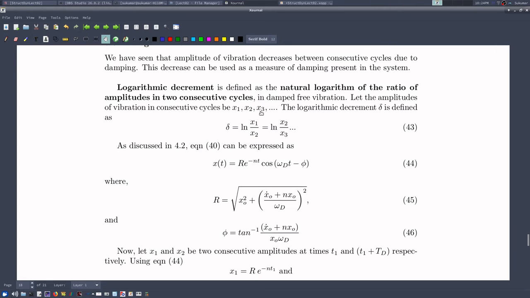Suppose I have an underdamped system which has consecutive amplitudes as x1, x2, x3, etc. Then this logarithmic decrement, denoted by delta, is defined as natural logarithm of x1 by x2, and it is also equal to natural logarithm of x2 by x3, and so on.